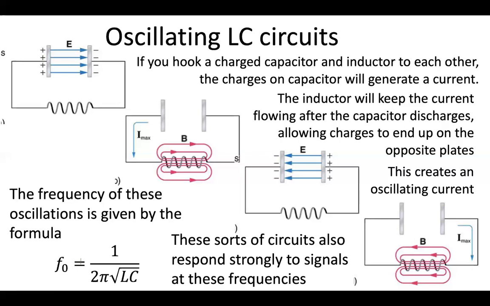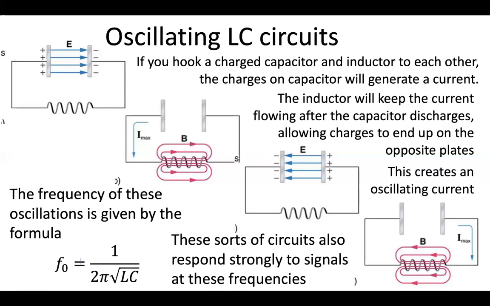This turns out to be how circuits can be made to respond to particular radio signals, which occur at particular frequencies. And this is, in fact, how you can generate radio signals using circuits like this without having to worry about tuning the frequency. You've created something that has a particular frequency.